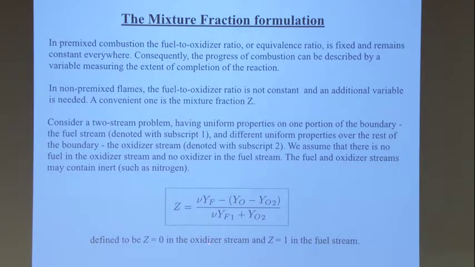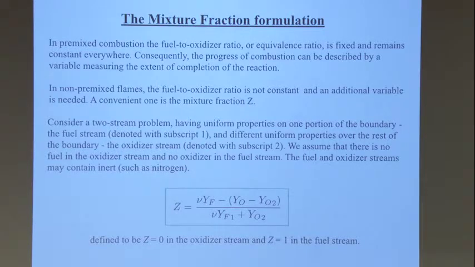In the oxidizer stream, there is no fuel, so YF is 0, and YO is YO2, so the difference is 0, right? In the fuel stream, there is no oxidizer, so this is 0, and the fuel amount is YF1, so you get nu YF1 plus YO2. The ratio is 1, so it's correct.